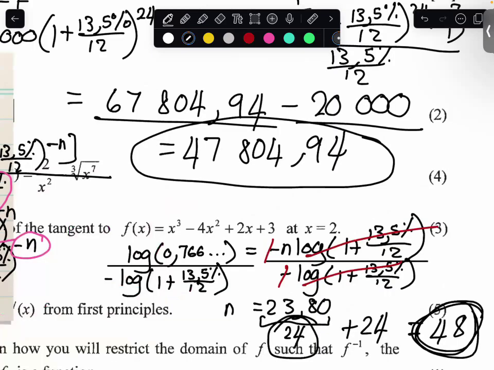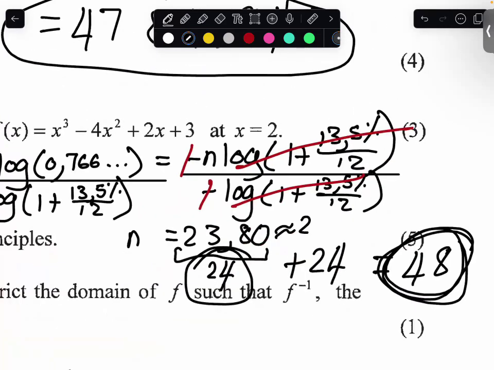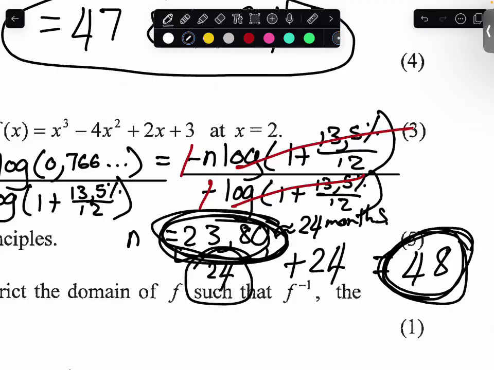So I'm going to say that one more time. This is approximately 24 months that we just calculated, plus the first 24 months that they paid before the 20,000 installment. So the first 2 years, the 24 months of that, plus this 24 months gives you 48 months.